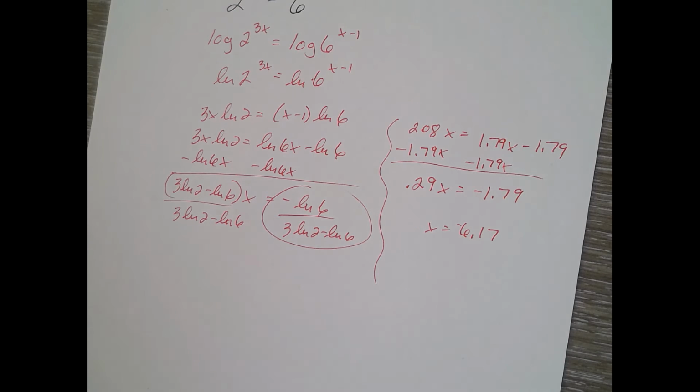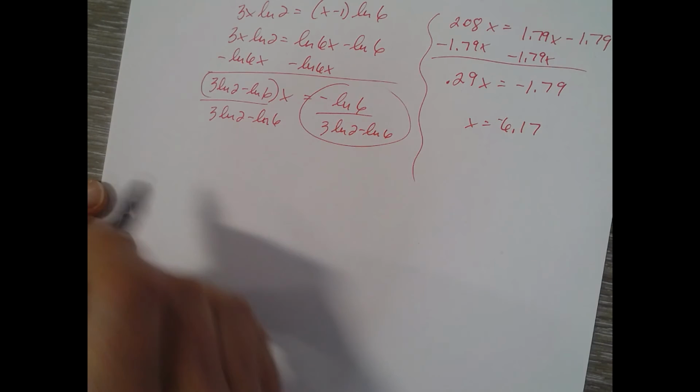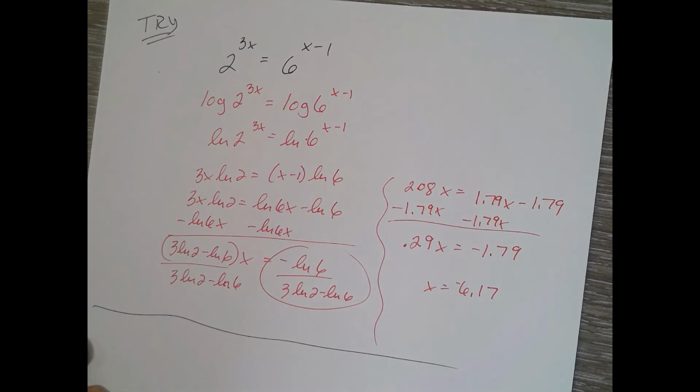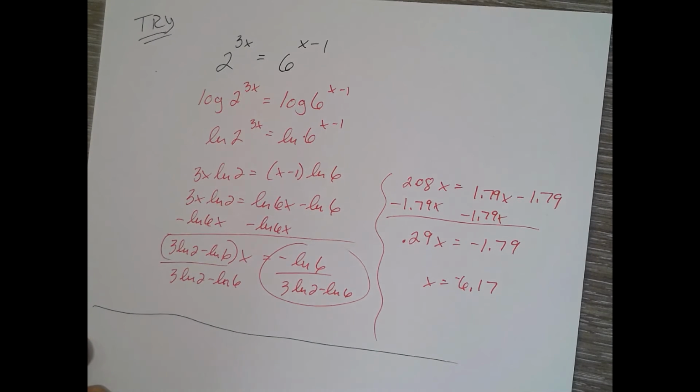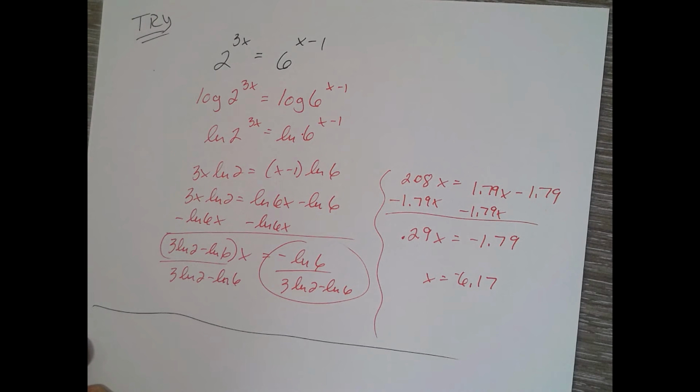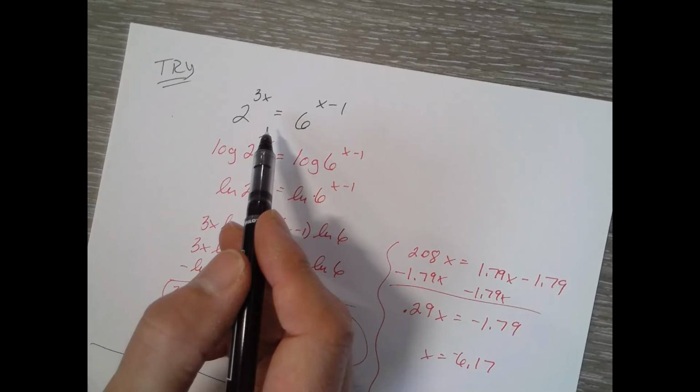Now we're moving on to log equations, how to solve log equations. What's the inverse of a log? What's the opposite operation of a log? Everything we've had so far has been exponential. You just have to do a log.